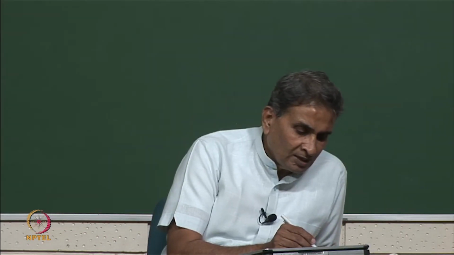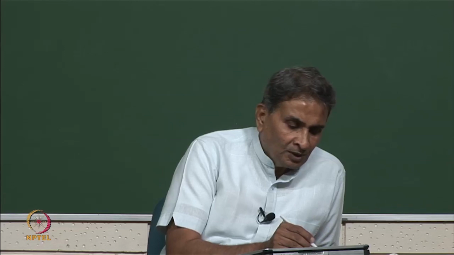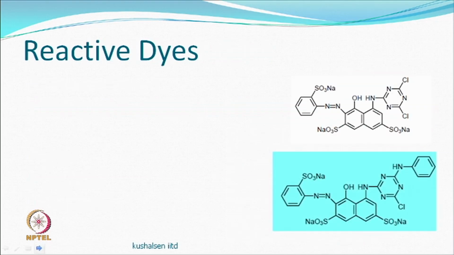But for printing purposes, if you really want it, they are there. So, all substrates can be used. Reactive dyes became very popular, right, and also for dyeing as well as for printing, because you have, let us say, something called this. So, you have a dye and a reactive group.